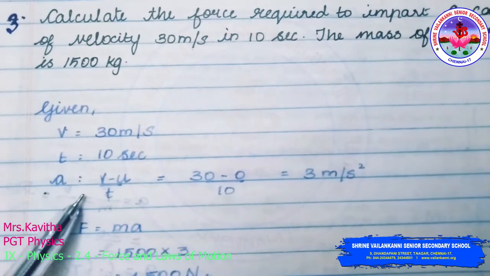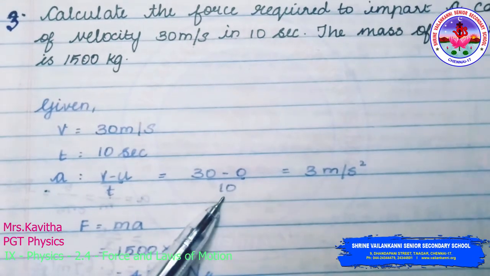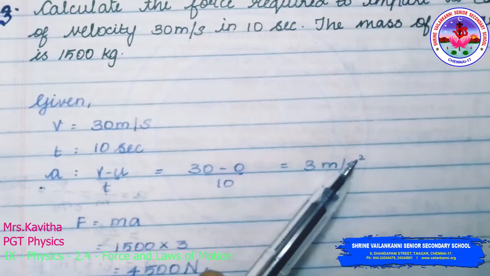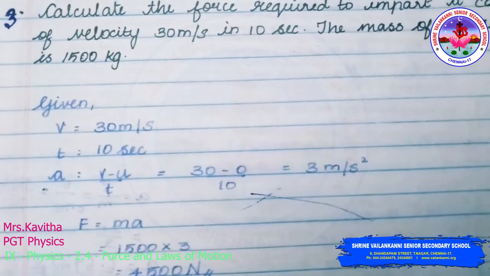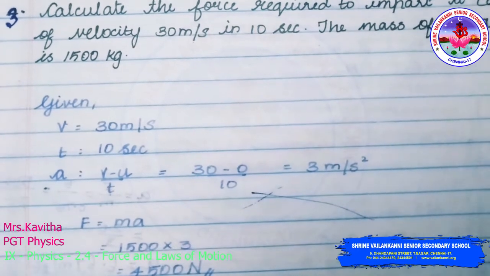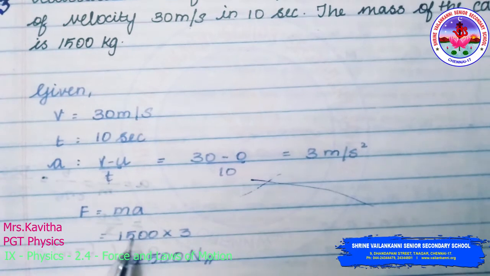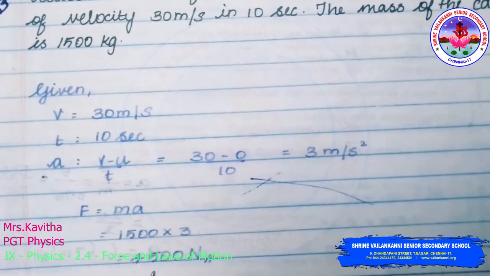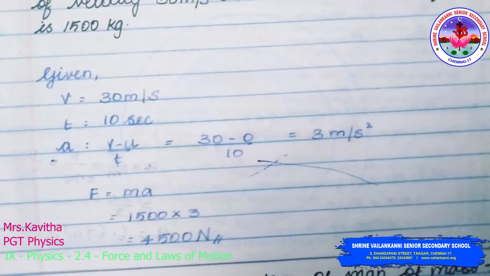So acceleration which is equal to v minus u by t. So 30 minus 0 by 10. So 3 meter per second square acceleration we got. So calculate the force which is required for the impact. So 1500 into 3 which is equal to 4500 Newton. So F is equal to 4500 Newton.